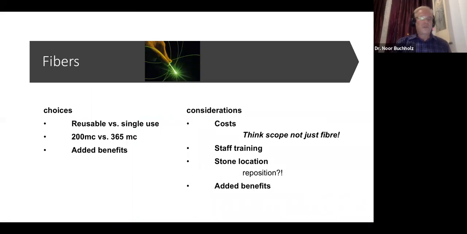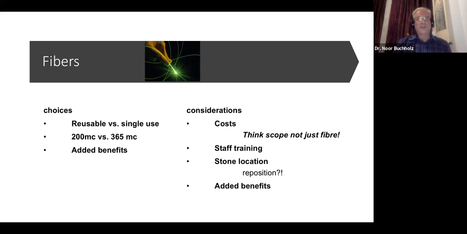So you have choices. You must make the choice between a reusable versus a single-use fiber. You must make the choice between a 200 versus a 360 micron fiber when you do ureteroscopy. And of course, there are added benefits in the form of service contracts, fibers that come with the machine, and so on. Considerations are, of course, the costs, but I like to admonish you: think scope, don't think fiber.